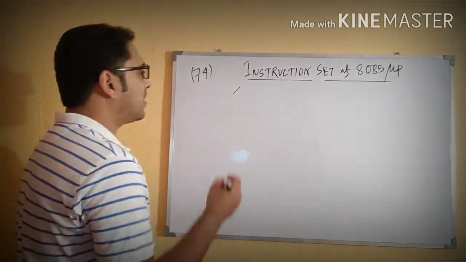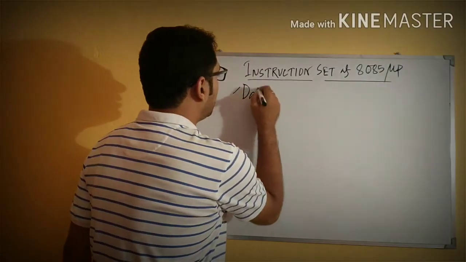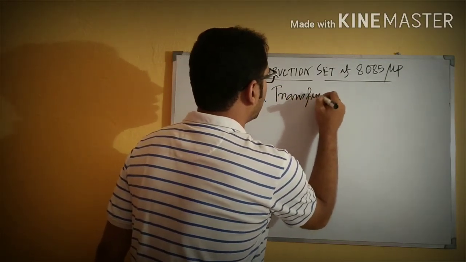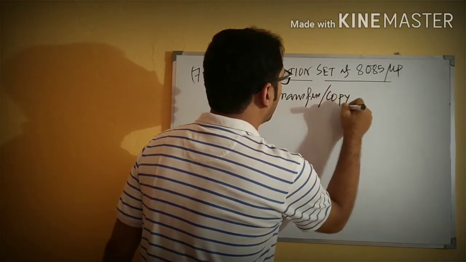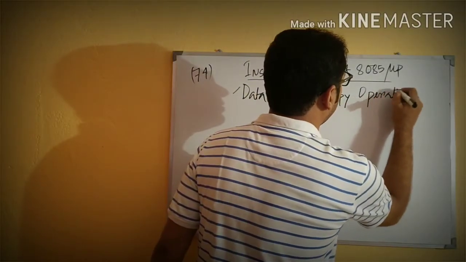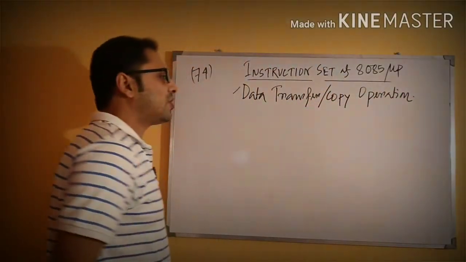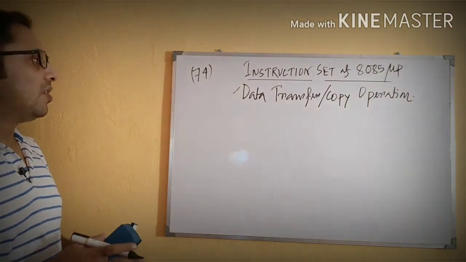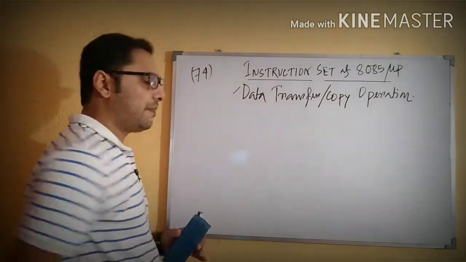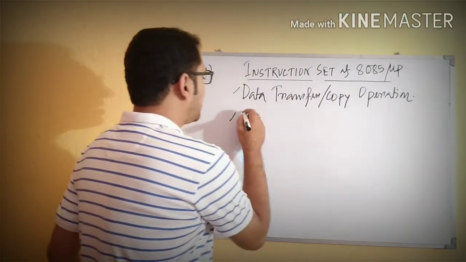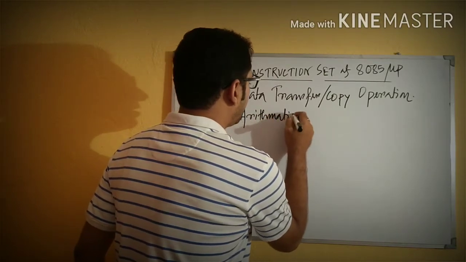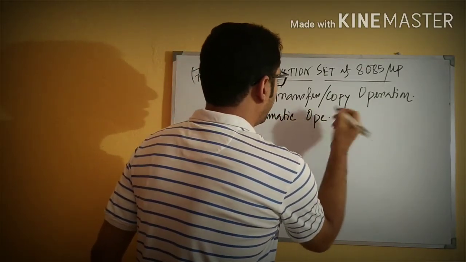The first one is data transfer or copy operation. That means in this group we are talking about all those instructions which are used for the purpose of data transfer. The second one is arithmetic operation.